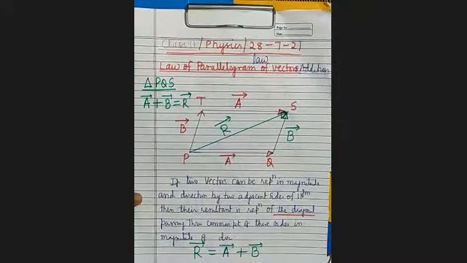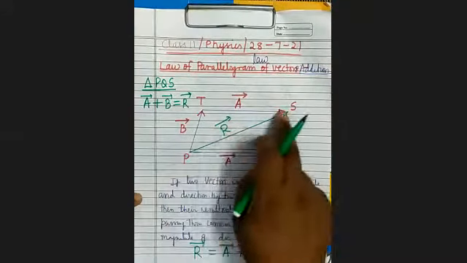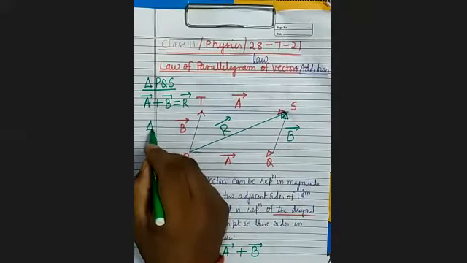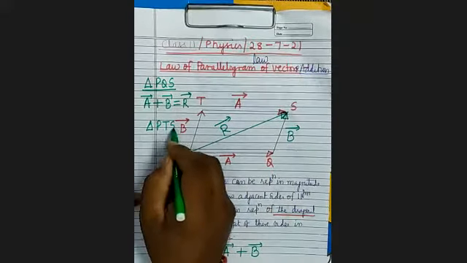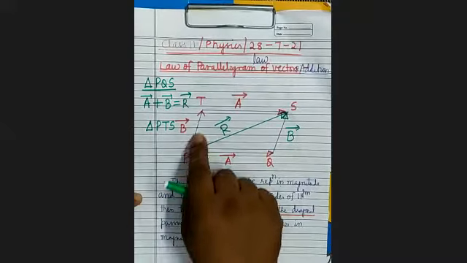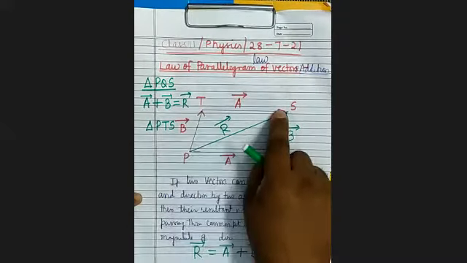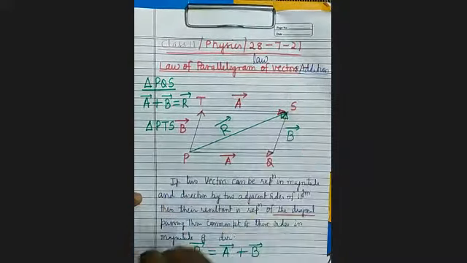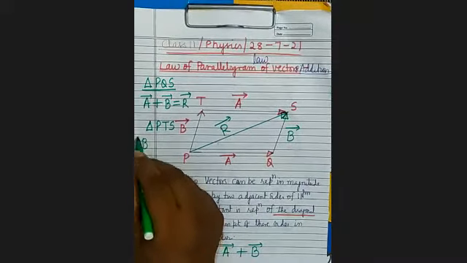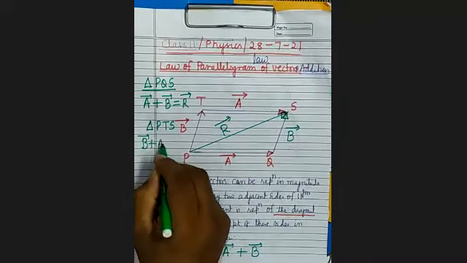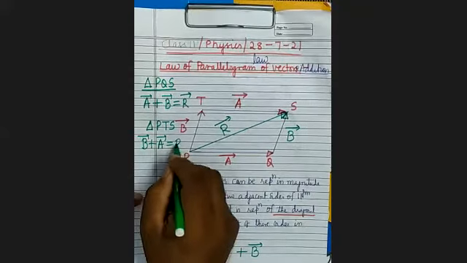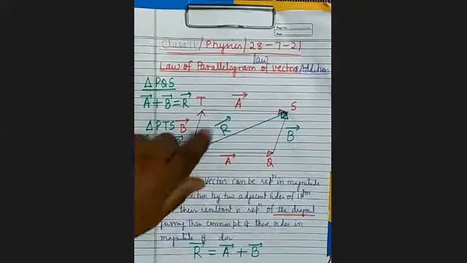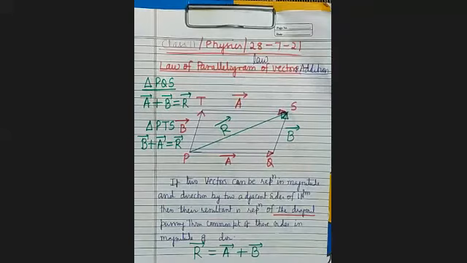Is it clear? Now you take triangle PTS. You can see here vector B plus vector A equals vector R. In both, you have applied the triangle law.